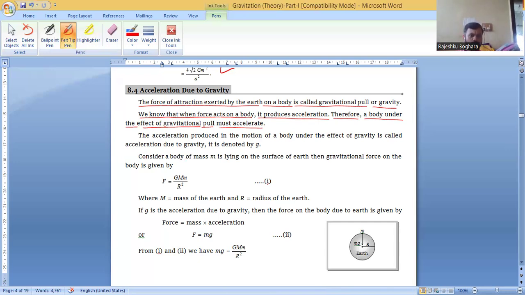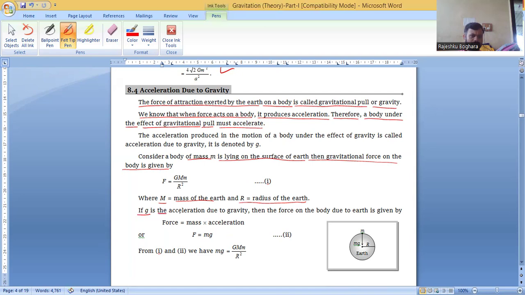Consider a body of mass m lying on the surface of the earth. Then the gravitational force on the body is given by F equal to G capital M small m by R square, equation number 1, where M is the mass of the earth and R is the radius of the earth.